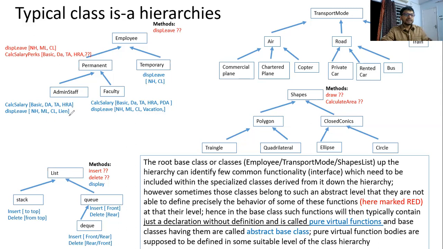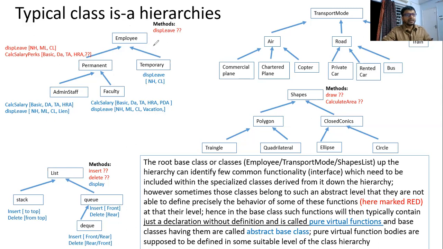So in that sense, if I go up to the generalized hierarchy of employee, and I simply ask the number of days of annual leave that an employee, I don't know what kind of employee, just employee, will enjoy, it becomes very difficult to answer. But I know that leave is definitely an important component to model an employee.